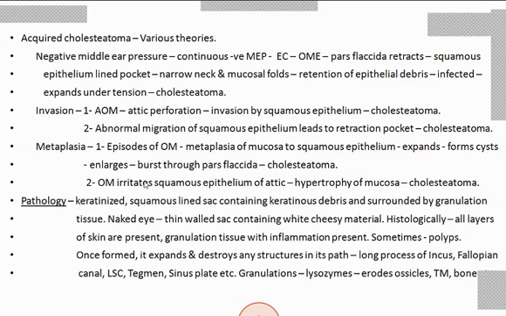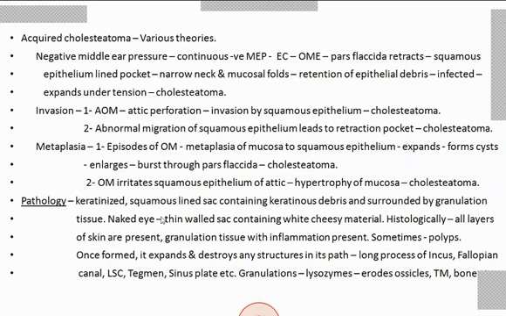The pathological feature is nothing but keratinized squamous epithelial lining containing keratinous debris and surrounded by granulation tissue. This granulation tissue will produce various enzymes, and these enzymes cause absorption of any structure which comes its way and cause complications.